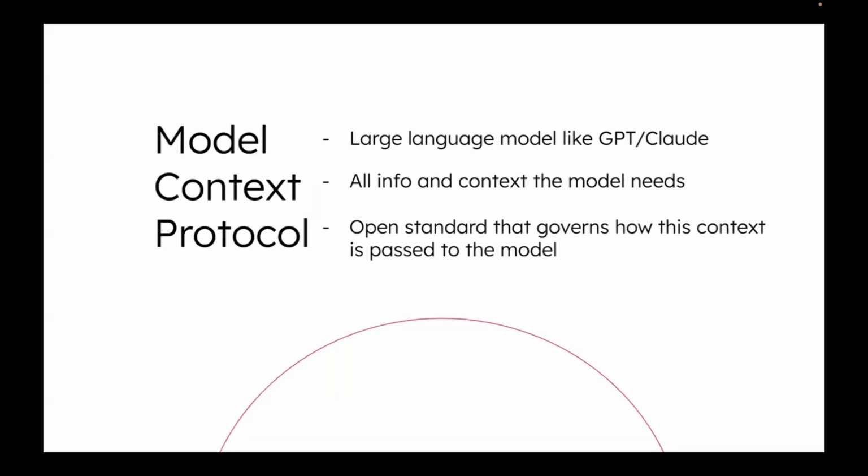So if we were to take the marketer's case, the context would include the tools that it requires to complete the entire workflow like HubSpot or Slack, and also information like the campaign name, email copy, scheduling time, and recipients. And finally, protocol refers to the open standard that governs how this context is passed to the model and how the model interacts with tools and applications to get this done.